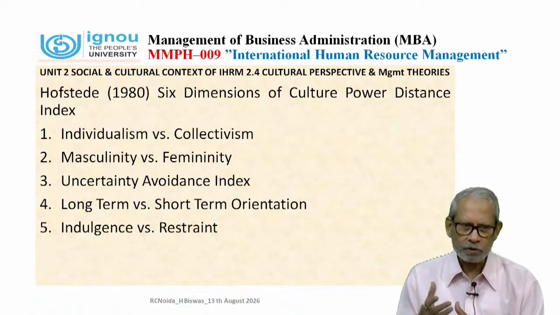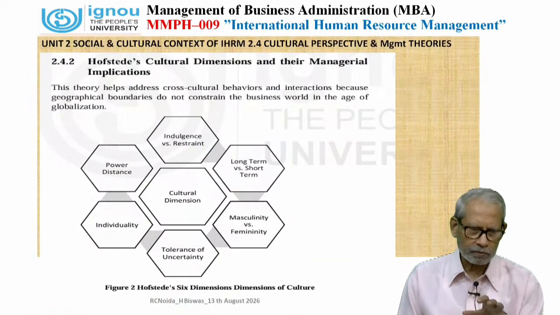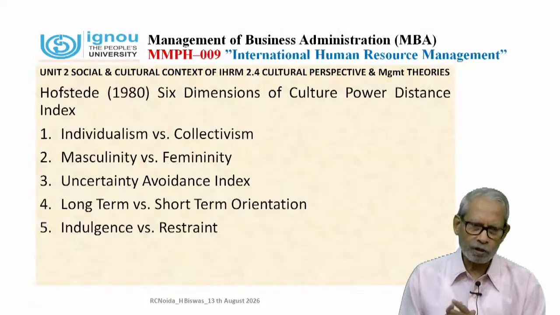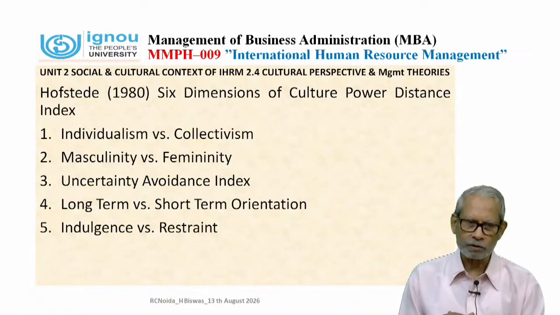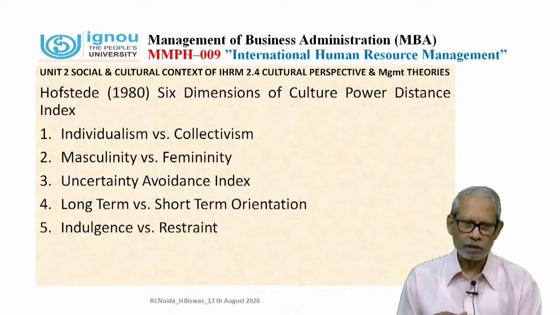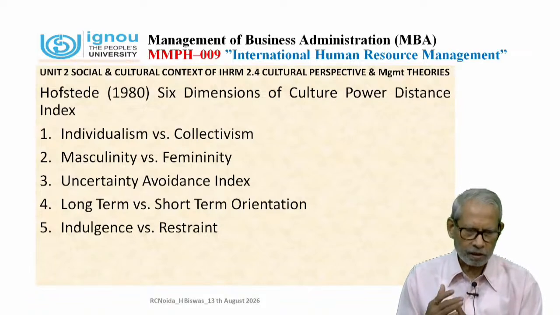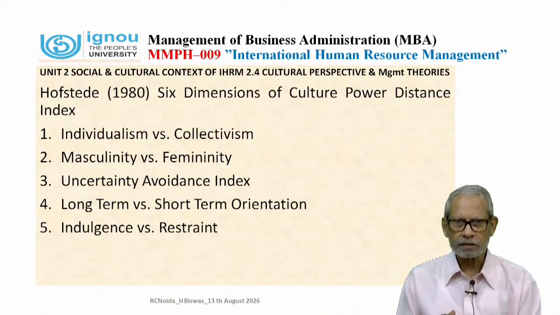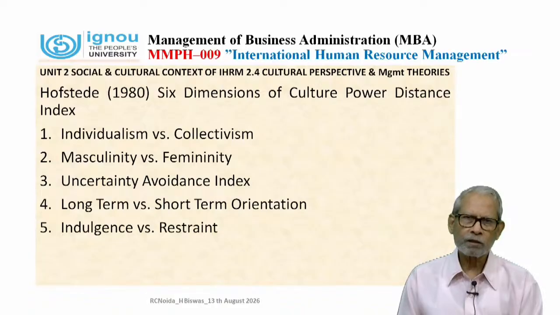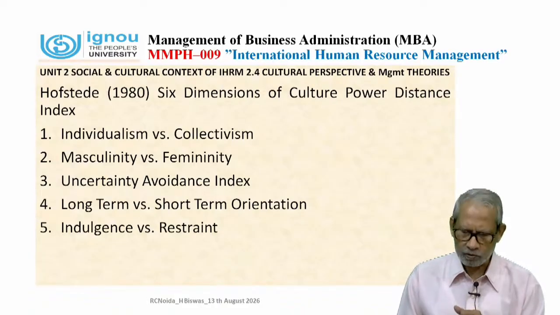Then six dimensions, as I showed, there are basically six dimensions, and again a question may come: individualism versus collectivism, then masculinity versus femininity, uncertainty avoidance index, what the meaning is, long term versus short term orientation, indulgence versus restraint. So these all are different definitions of this. A question may come from this area.